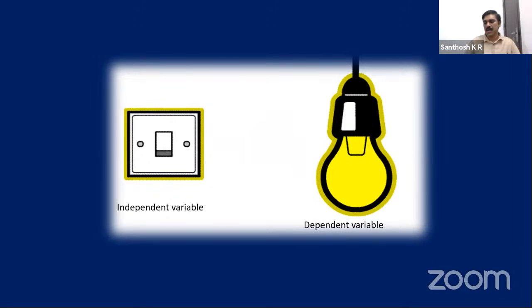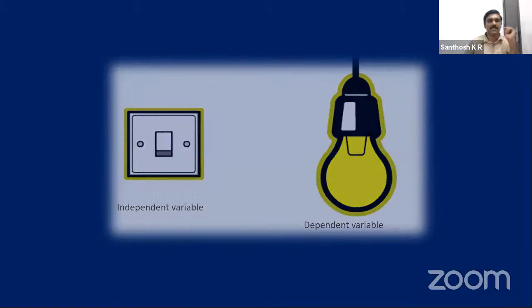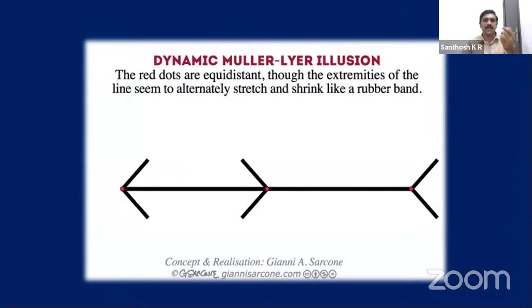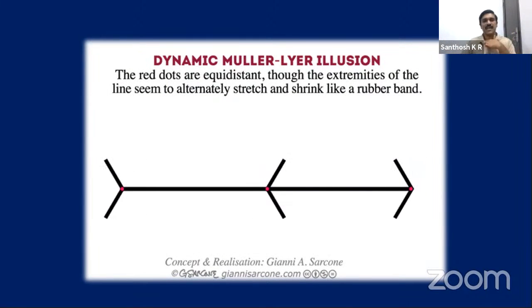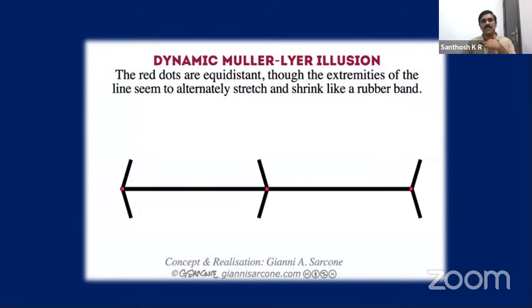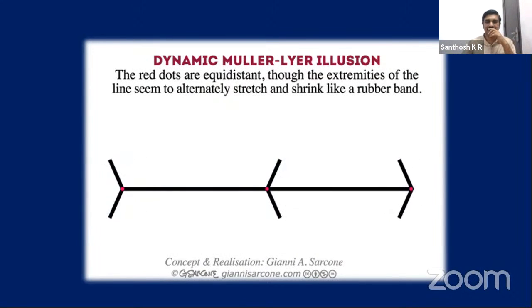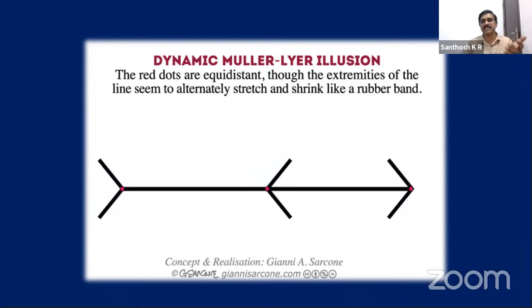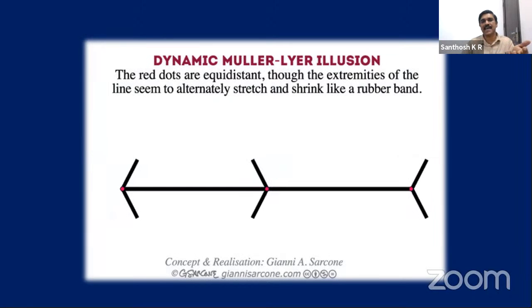Okay, we can experience it in different ways, but there are certain things which we can only experience but we cannot see. For example, perception. Okay, here in the case of the Muller-Lyer illusion, our perception is the dependent variable, and the change which has been made in this arrowhead and featherhead can be considered as what?